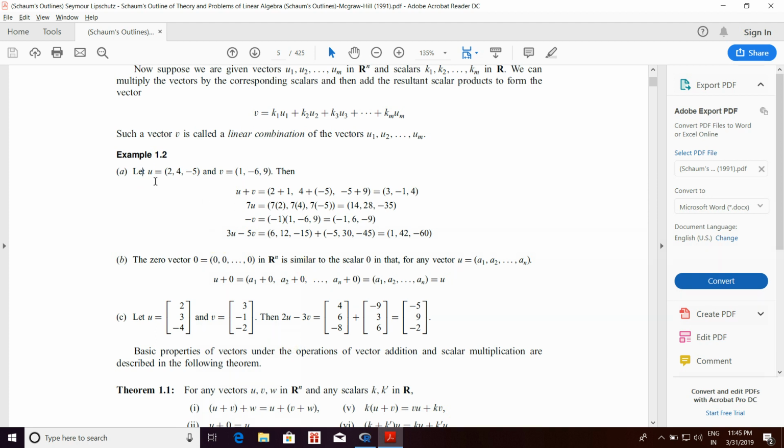So first we have to create two vectors u and v. So let's start.